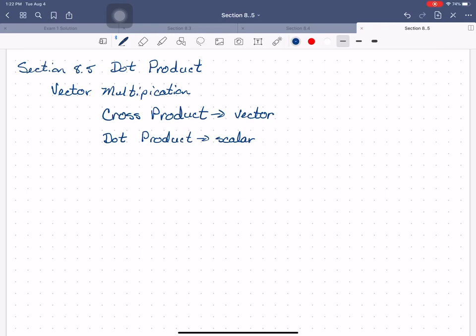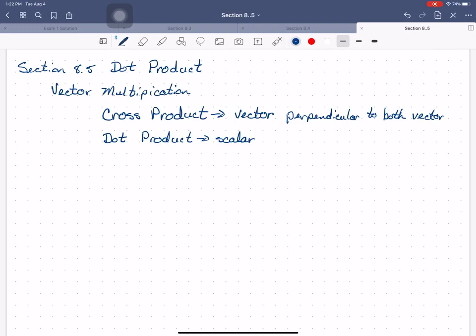So why? Well, because there are different ways of combining vectors. And so what the cross product gives us is a vector that is perpendicular to both of the other vectors. And you might be thinking, how is that even possible? Well, you have to think in 3 dimensions.